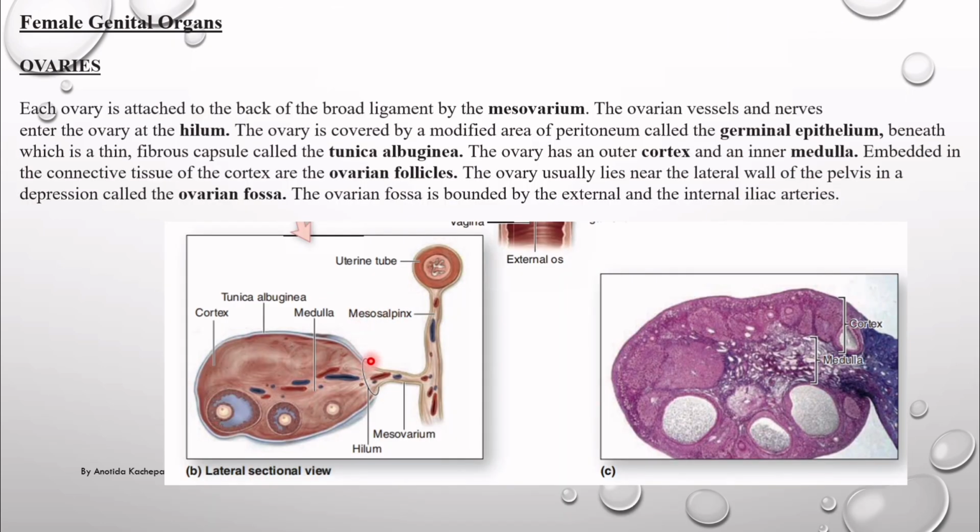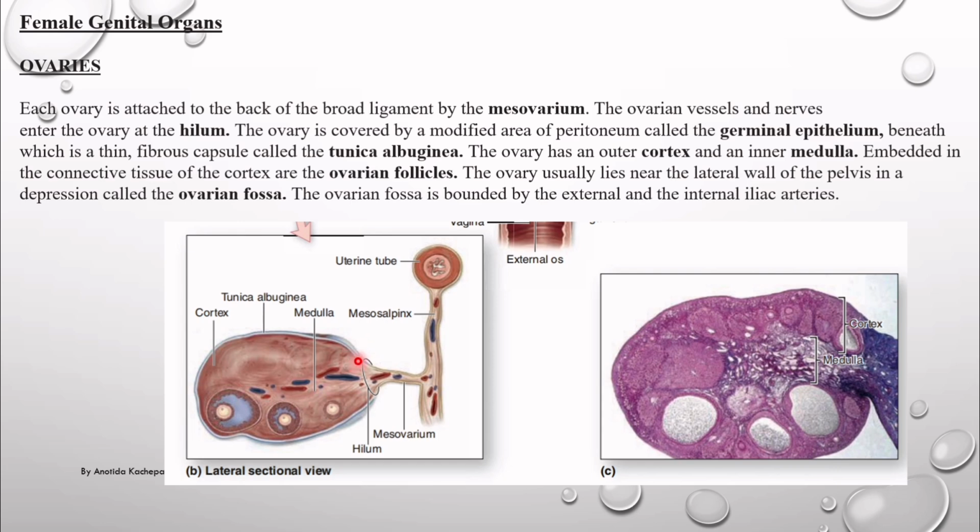So start off with the ovary, which is the site of production of oocytes. The ovary is enclosed by a thin fibrous capsule called the tunica albuginea.